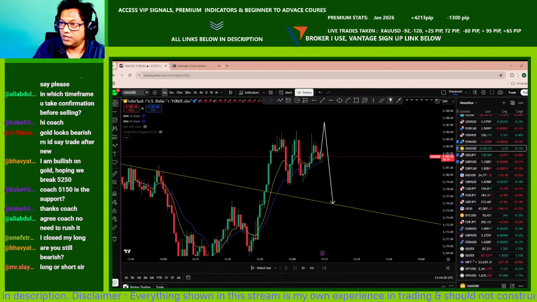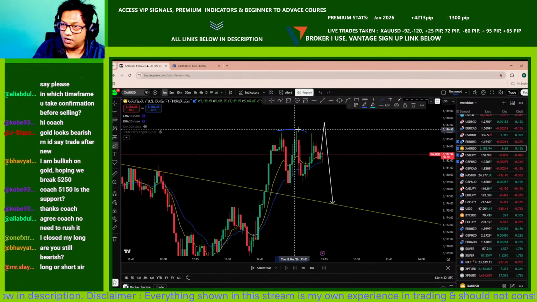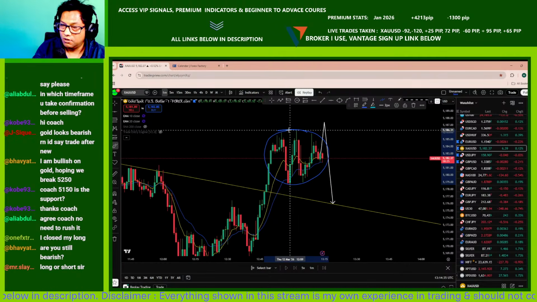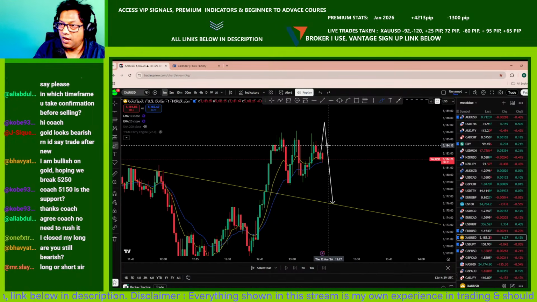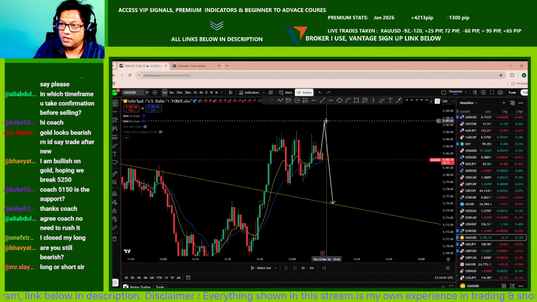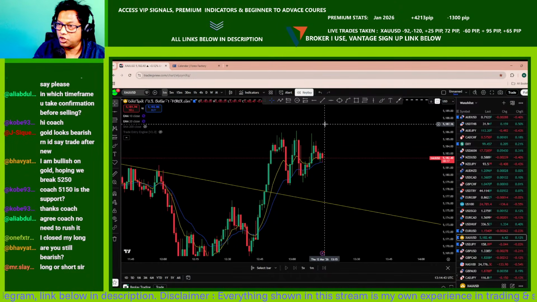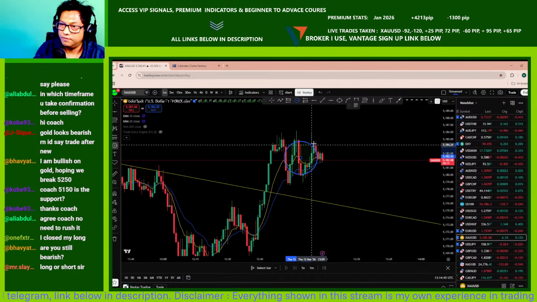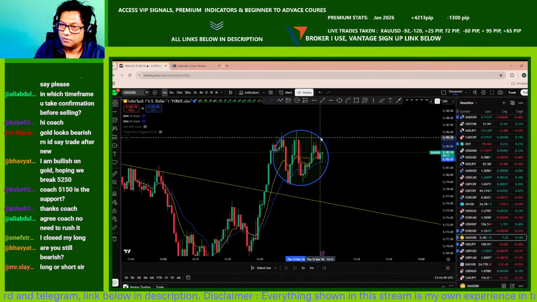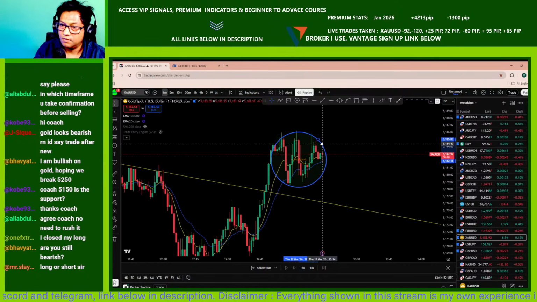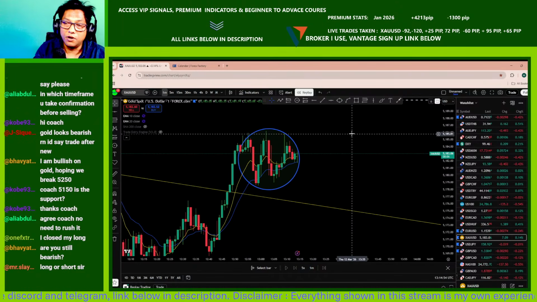And if you look at, this is a circular structure formation here in that area, and that circular structure that you can see, which is a very big circular pattern.